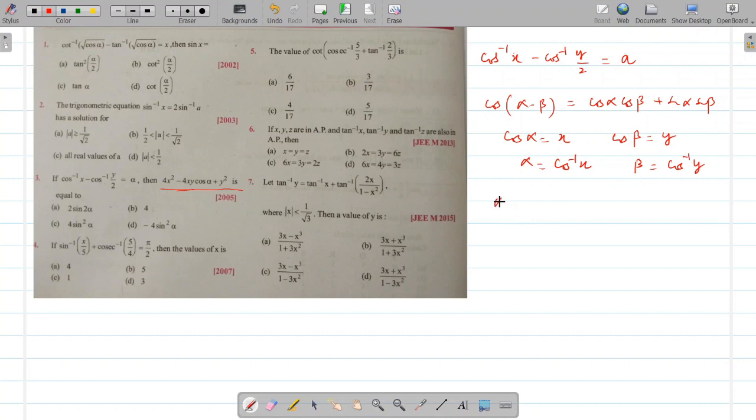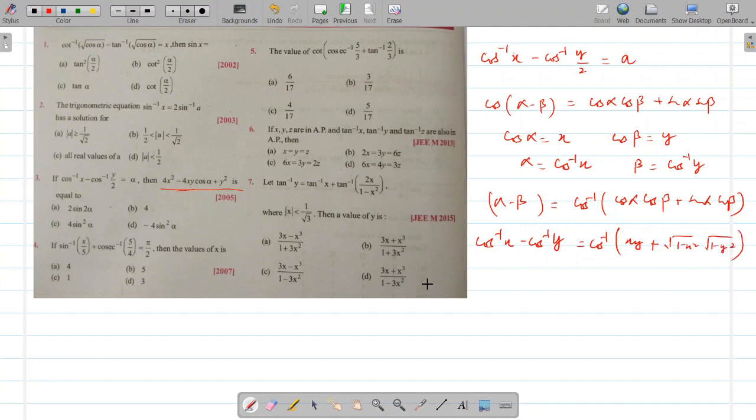So we can write alpha minus beta equal to cos inverse of cos alpha cos beta plus sin alpha sin beta. So that means cos inverse of x minus cos inverse of y can be written as cos inverse of xy plus sin alpha, which can be written as under root of 1 minus x square, and sin beta can be written as under root of 1 minus y square. So this is what we can use here.